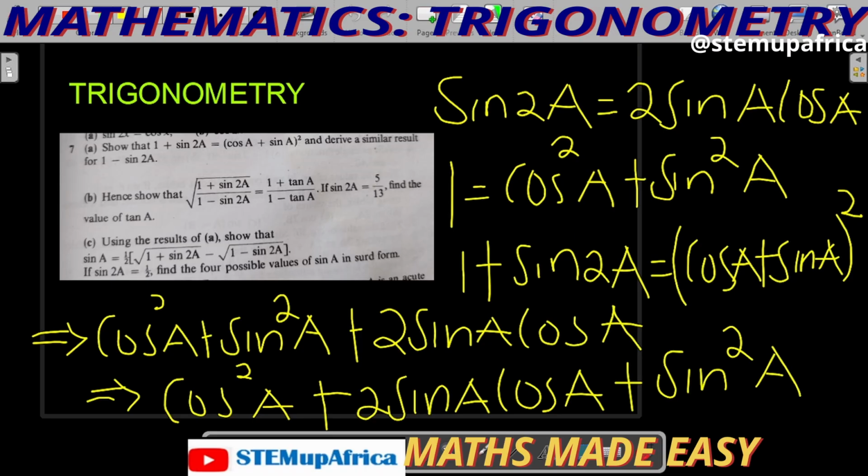C. So using the result in A shows that sine A is equal to 1 over 2 square root of 1 plus 2 sine A minus 1 over minus square root of 1 minus 2 sine A. We have to use the result from question A. Let's see how we achieve that.